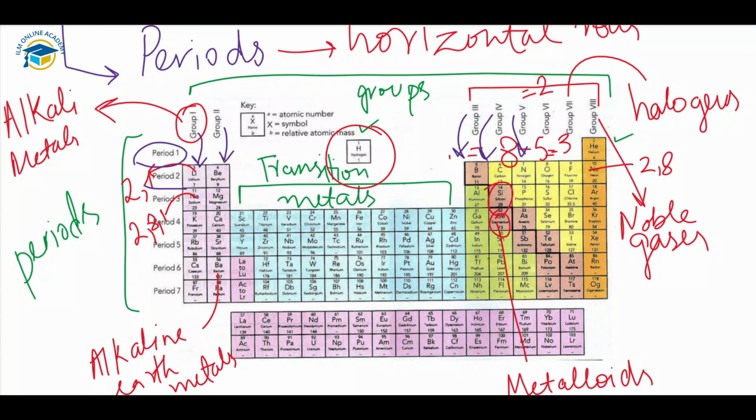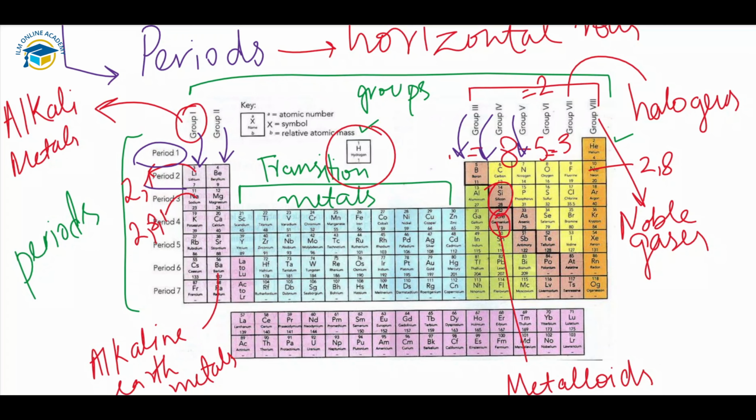So each period in the periodic table represents the filling of an electron shell. There is a clear relationship between the electron arrangement and the position in the periodic table for the main group elements. The main group elements, as I already told you, are group 1 to group 8, except the transition metals. Elements in the same group have the same number of electrons in their outer shell.